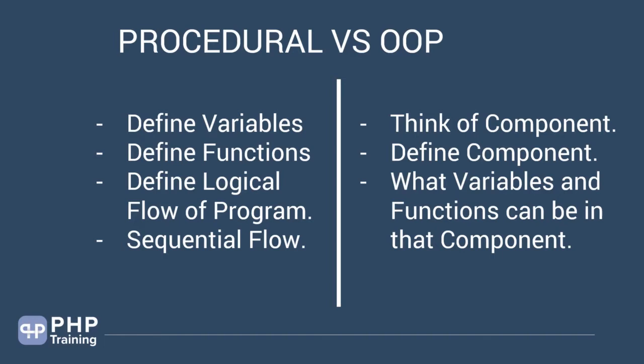If it's a database, then definitely a variable inside could be the database connection. If it is a file, then it's a handler of a file, right? If it's a phone, then it's phone name, phone color, phone price. Those could be the variables. Then the functions are send message, make a call. Those could be functions that operate on that component.